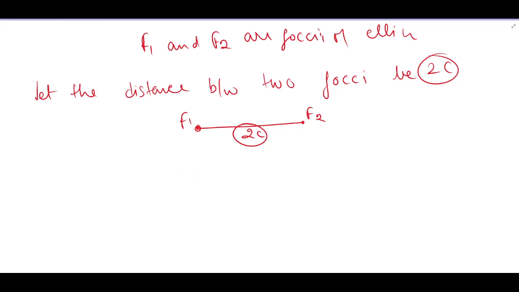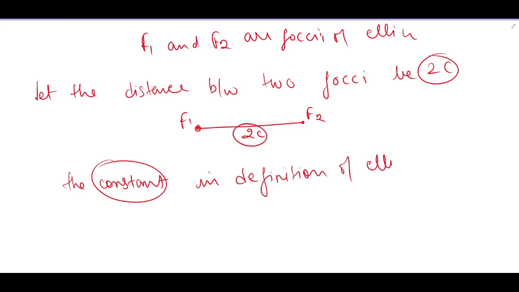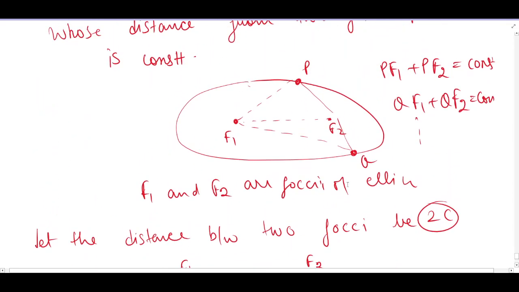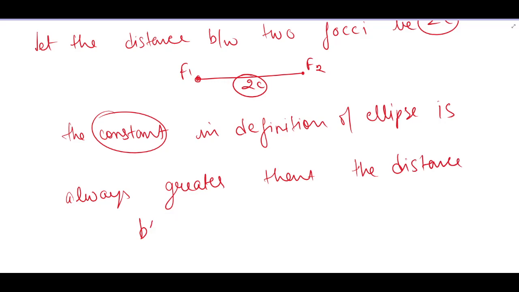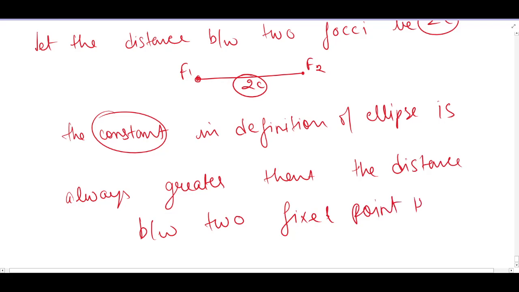That is, the constant in the definition of ellipse is always greater than the distance between two fixed points, that is 2c.